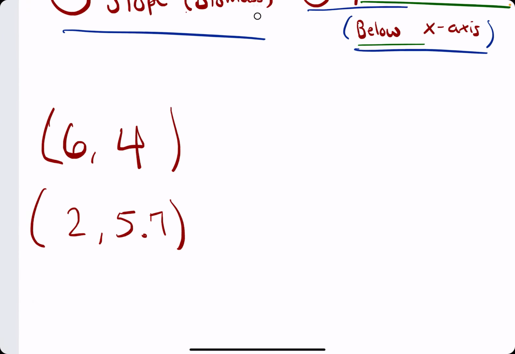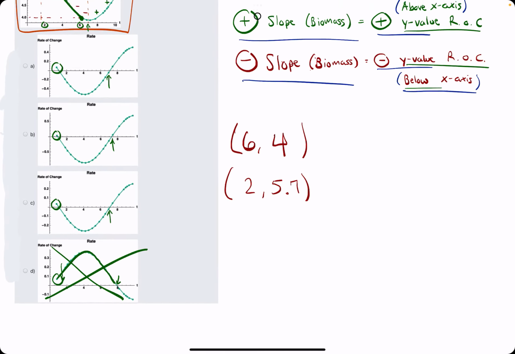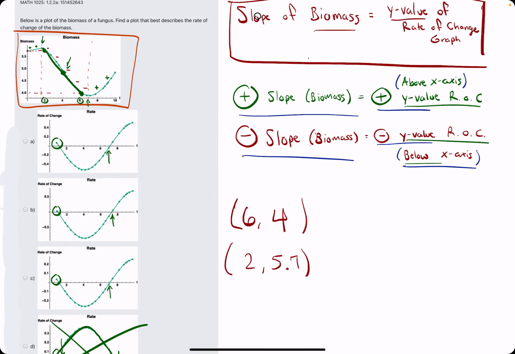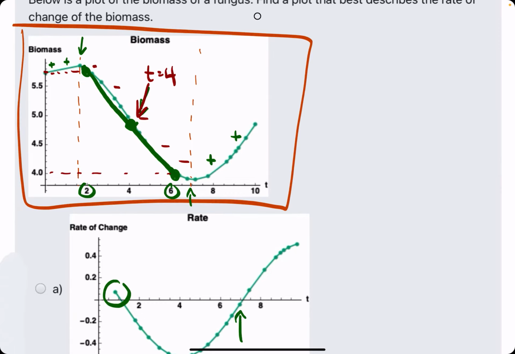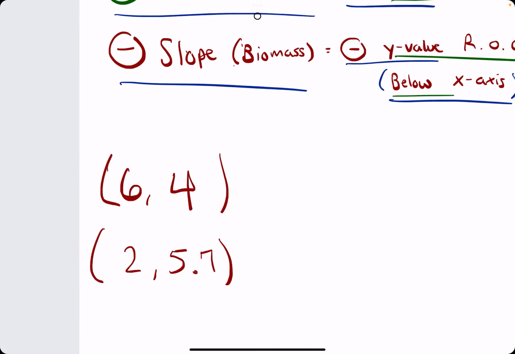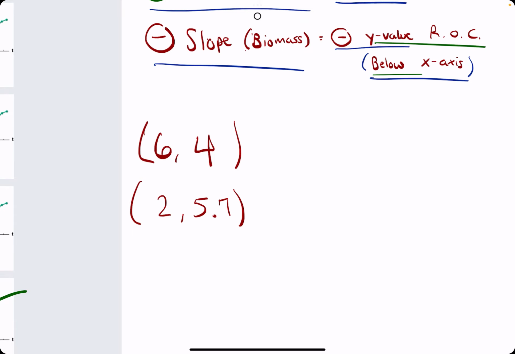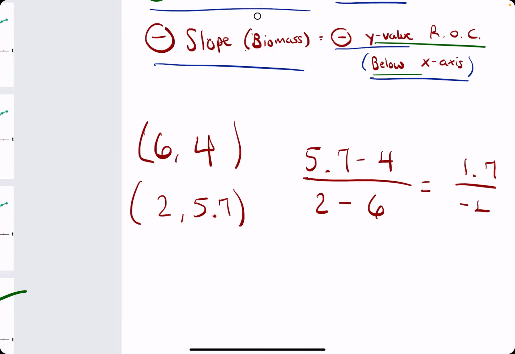Now that we have two ordered pairs, we can find the slope between these two points. Again, the slope between 2 and 6 will be a great approximation for the slope at t equals 4, the slope of that major segment there. So finding the slope, we do y2, 5.7, minus y1, 4, and we divide this by the change in x value, so 2 minus 6. Up top, we get 1.7, and on the bottom, negative 4.